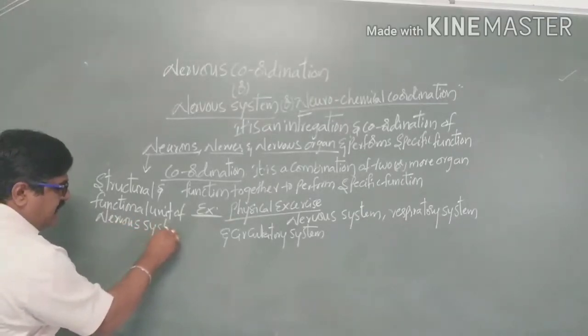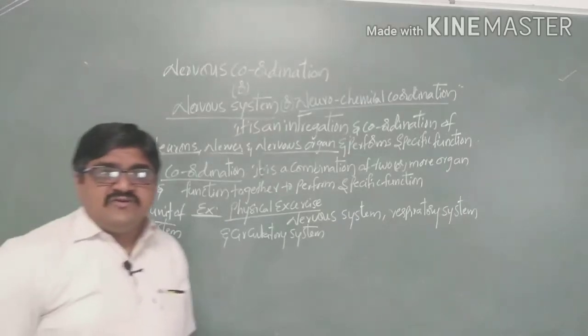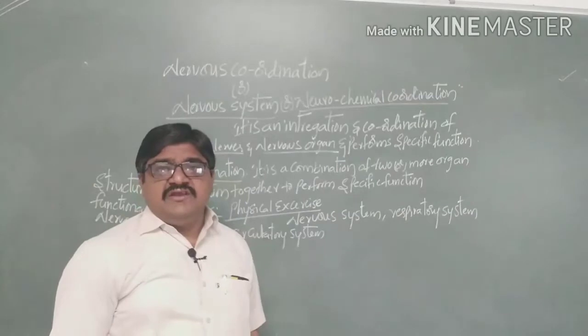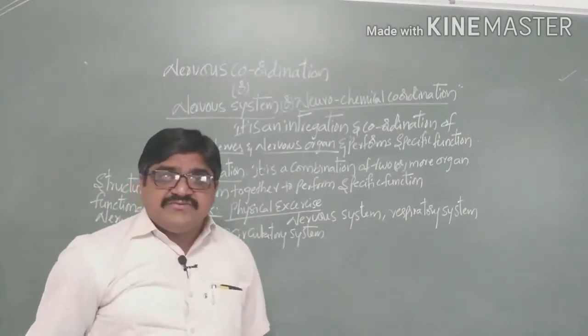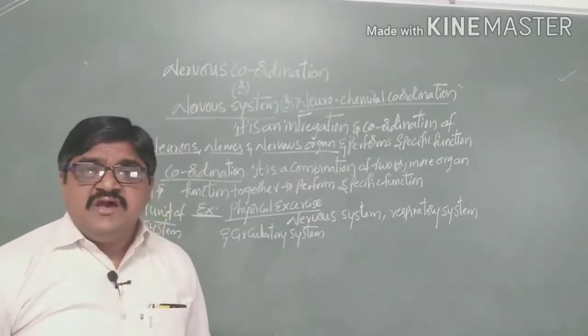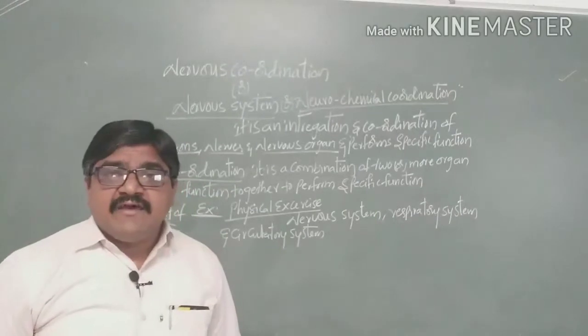The nervous system consists of trillions of neurons. These neurons are helpful for passing information from one part to another part.